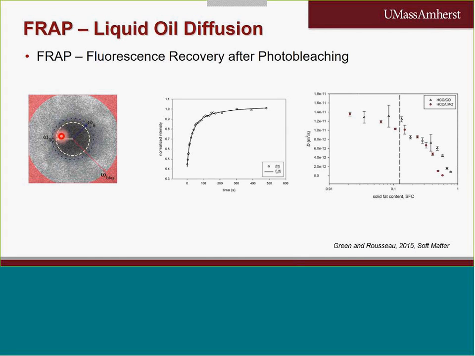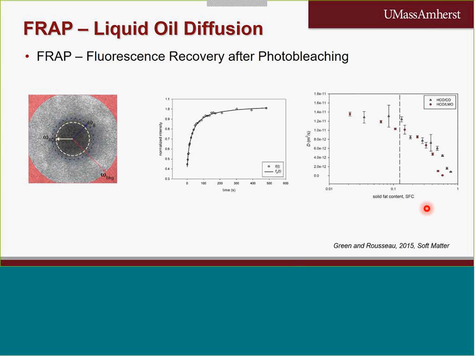As time goes by, you get an increase in fluorescence intensity due to diffusion, and in the second figure, they were able to translate the data into diffusivity and relate it to solid fat content.